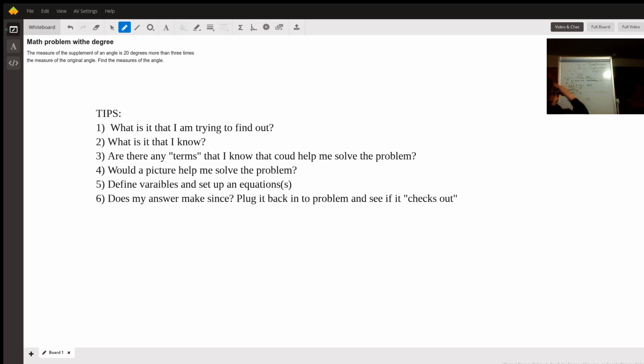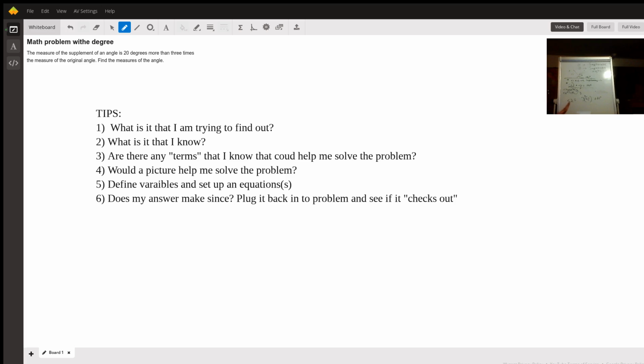That should trigger it. And it's saying 3 times the original angle, so I could write this as 3 times angle 1, 3(angle 1). Angle 2 is 3 times that, and then plus 20 degrees. So hopefully you understand where that's coming from.